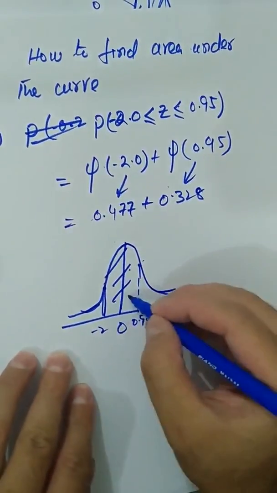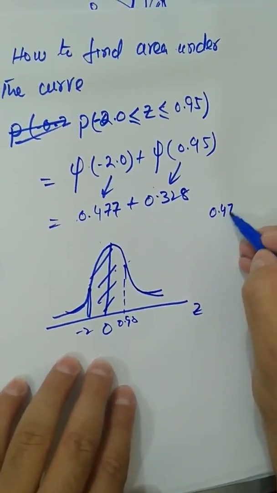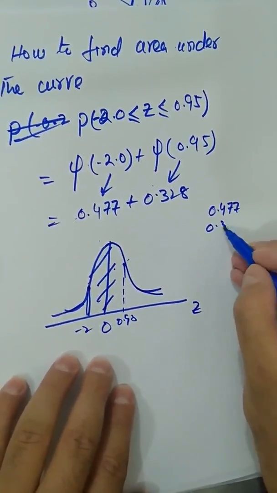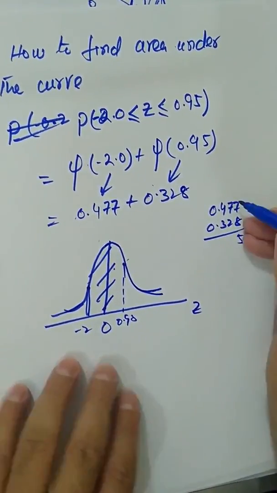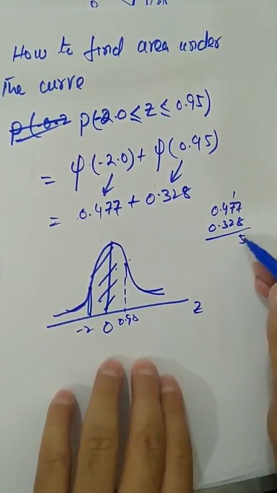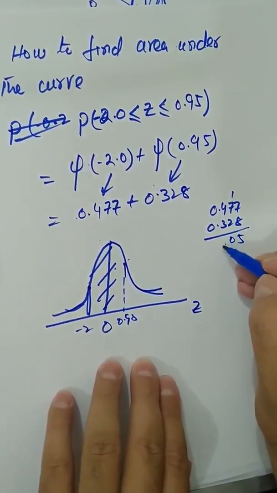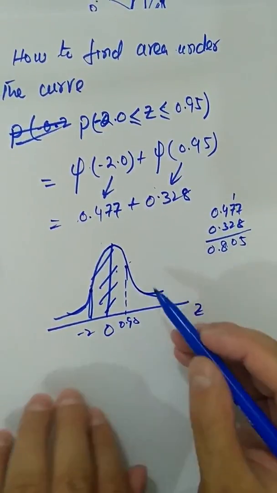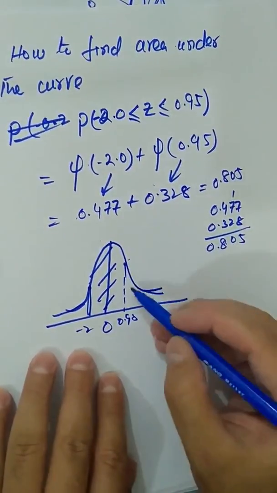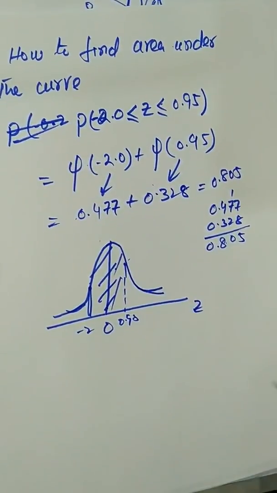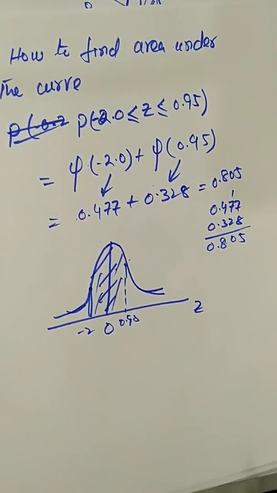So the total area under this curve would be 0.477 plus 0.3289. 9 plus 7 is 16... so the total area would be 0.805. So the area under this distribution would be 0.805.